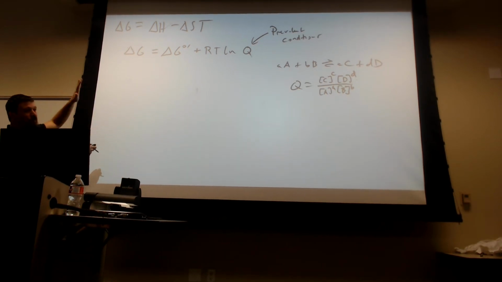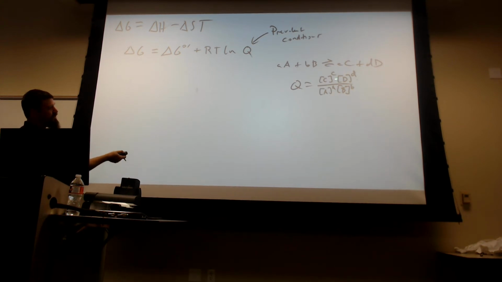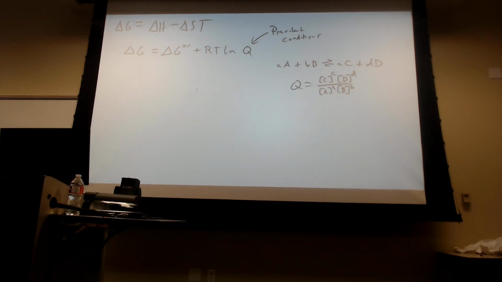Delta G is going to get more towards the negative, because the smaller our log Q is, it's going to shift things toward equilibrium. Does everybody remember this? Now, if we're at equilibrium, delta G equals 0. Remember that?